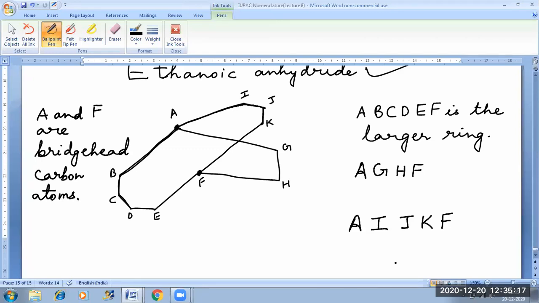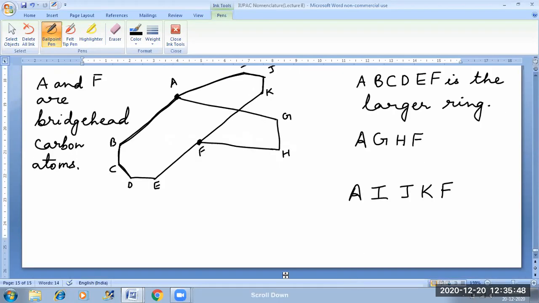Smaller ring. For the bicyclic, sir, your voice is lagging a bit. Okay, which is the smaller ring? AGHF or AIJKF? AGHF. No. This is the smaller ring.